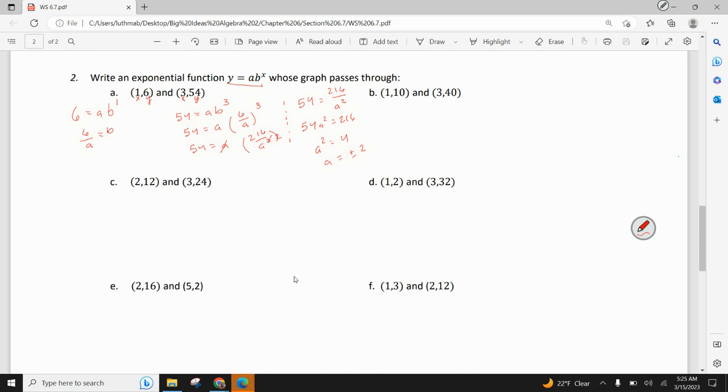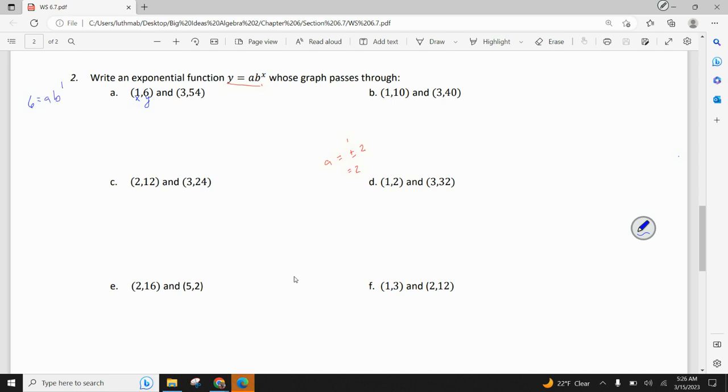I'm not sure whether to choose between plus or minus. Let's try. I'm going to try 2 first and see what happens. So clear out a little space here. You can always rewind the video to rewatch how I got a equals 2. And so again, on this thing, we had 6 equals a b to the first.